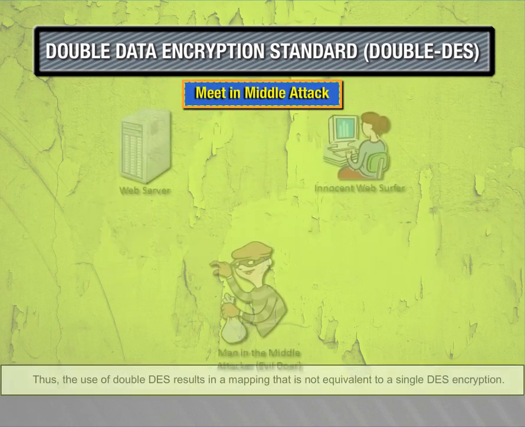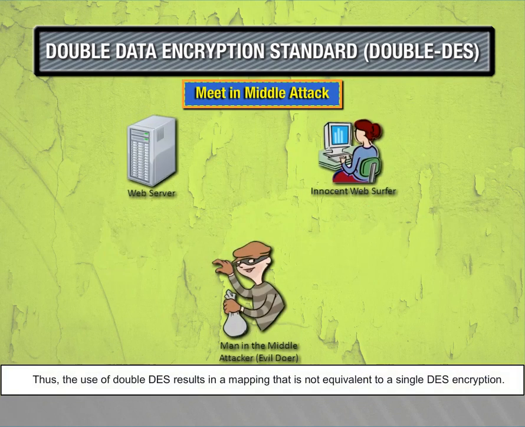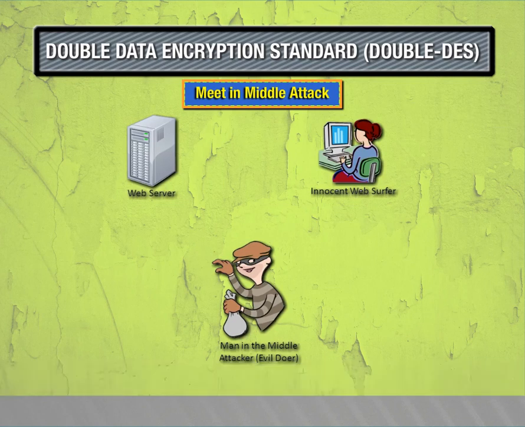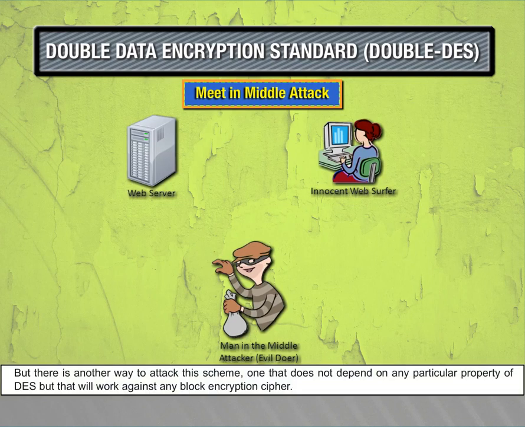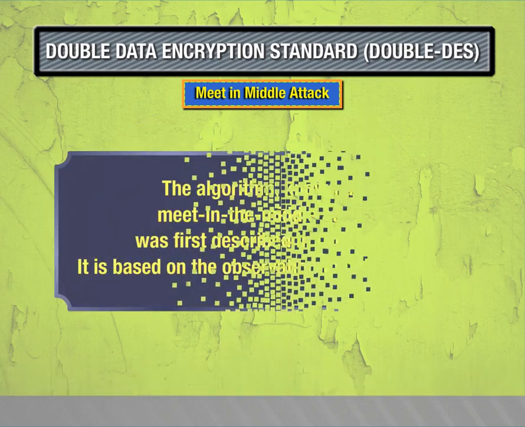Meet-in-the-middle attack. Thus, the use of double DES results in a mapping that is not equivalent to a single DES encryption. But there is another way to attack this scheme, one that does not depend on any particular property of DES, but that will work against any block encryption cipher.